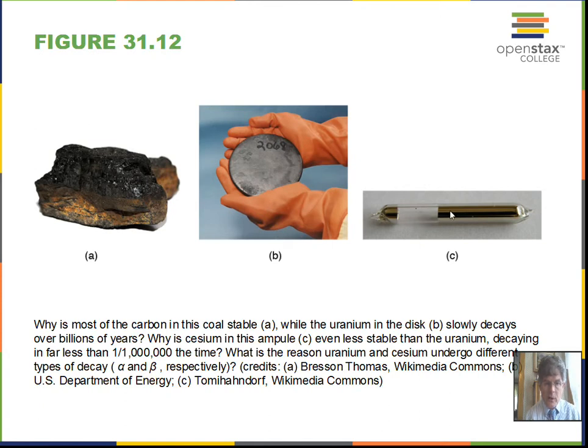And we have some cesium that's radioactive with a shorter half-life. So carbon, uranium, cesium, these nuclei behave in different ways, and we want to try to understand how that behavior is different and what are the radiations, the alpha, beta, gamma radiations that leave these materials.